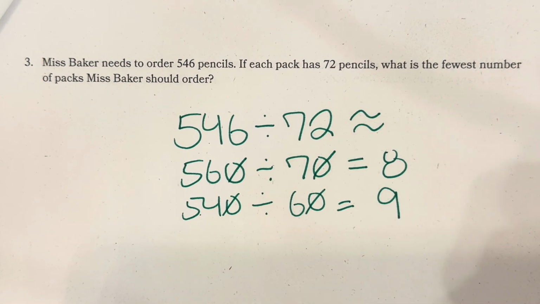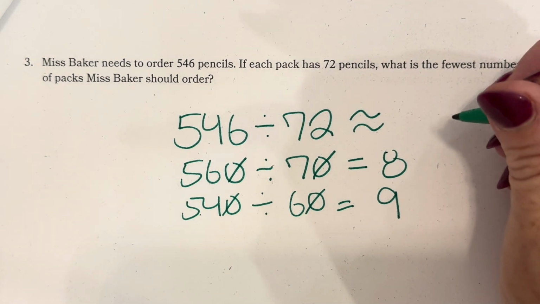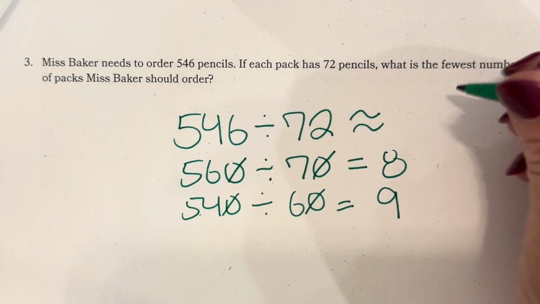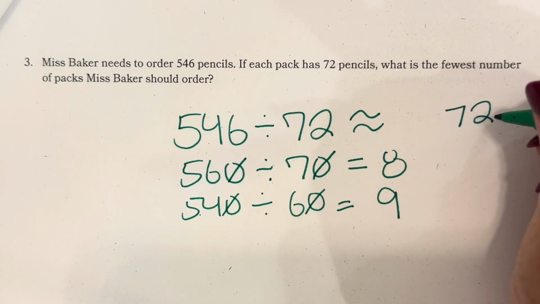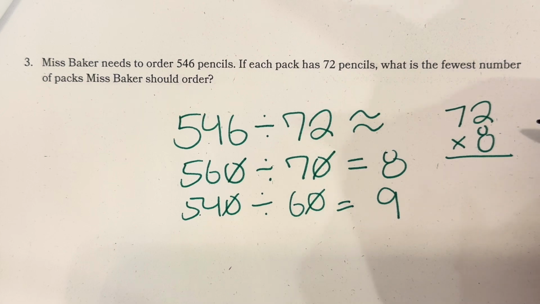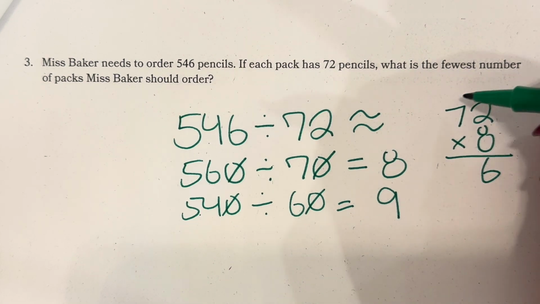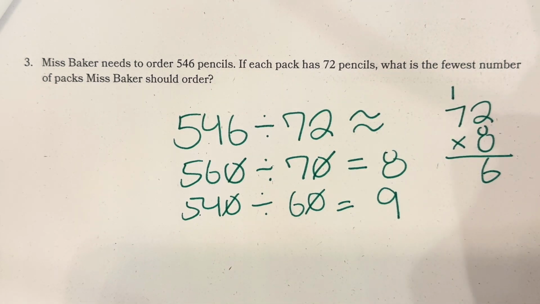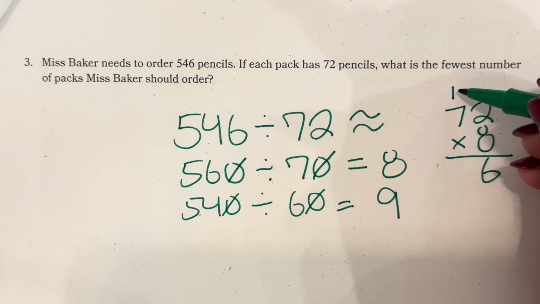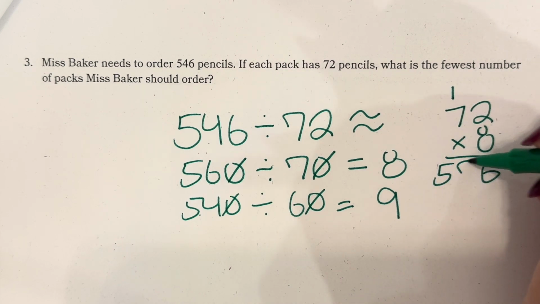Okay, so I'm going to check 8 first. So if she bought 72 pencils in a pack and she bought 8 packs, let's see how many pencils she'd end up with. 8 times 2 is 16, and we carry our 1. 8 times 7 is 56 plus 1 is 57.